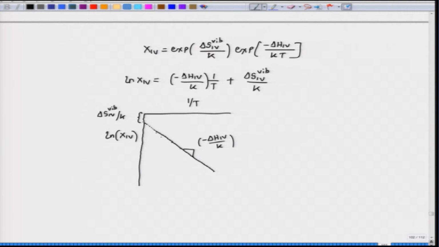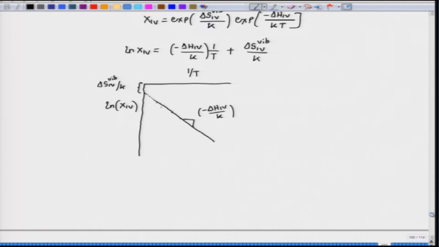Now, the intercept is at 1 by T equal to 0, which is not possible, right. So, we have to extrapolate the data that we have obtained to the 1 by T equal to 0 axis to get delta S1v vibrational, that is the vibrational entropy change due to formation of a monovacancy.